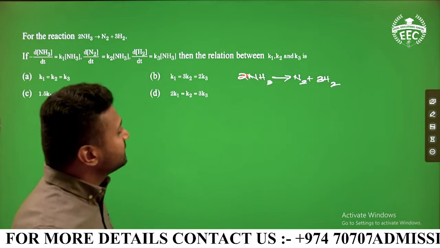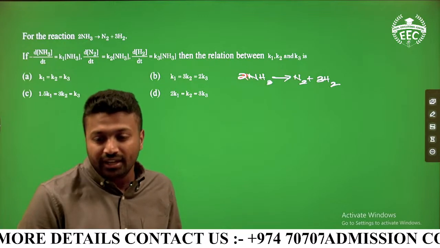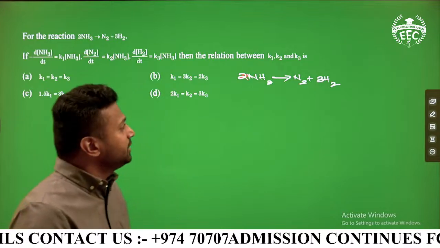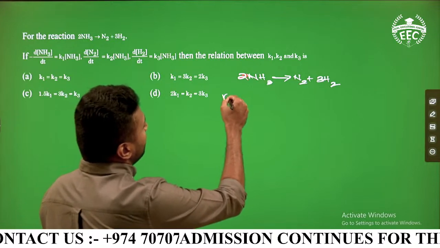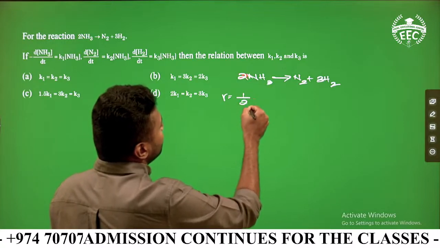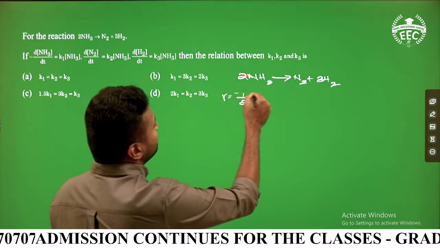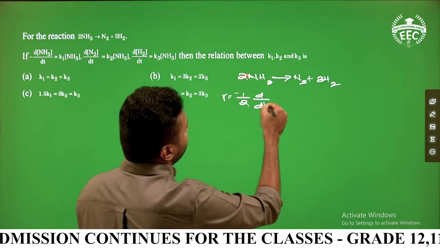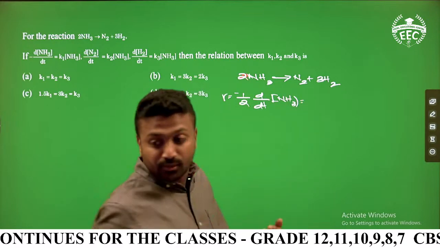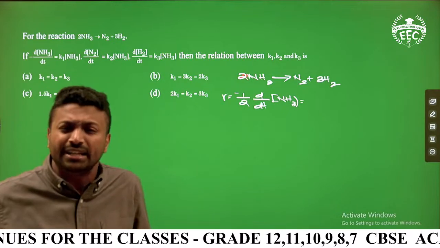NH3 is the reactant, and N2 and H2 are the products. R is equal to, for the coefficient 2, the reciprocal 1 by 2. Since it's a reactant, use the negative sign: minus d by dt of NH3, which is equal to the coefficient of N2, which is 1, reciprocal 1 by 1, which is 1.